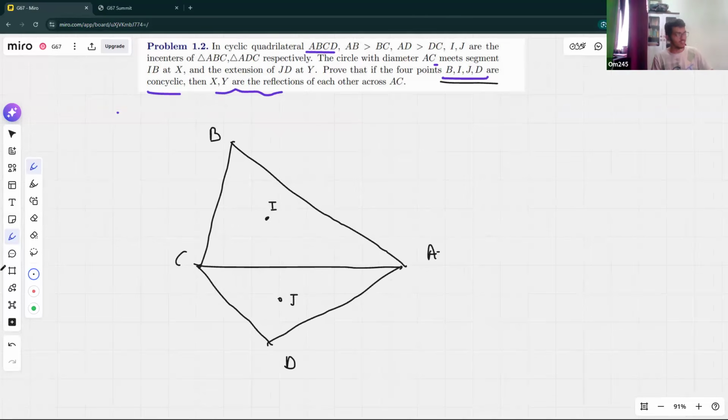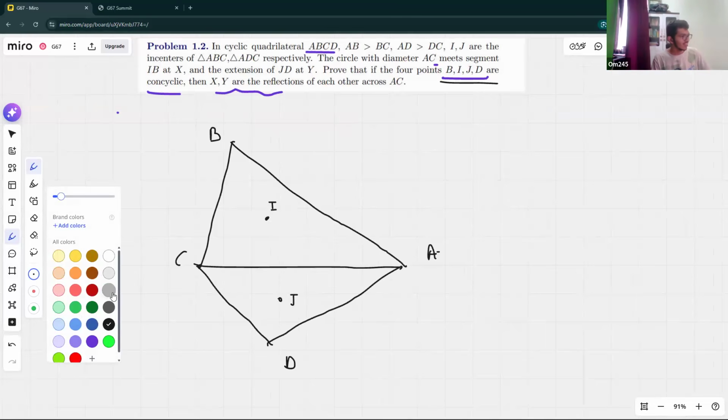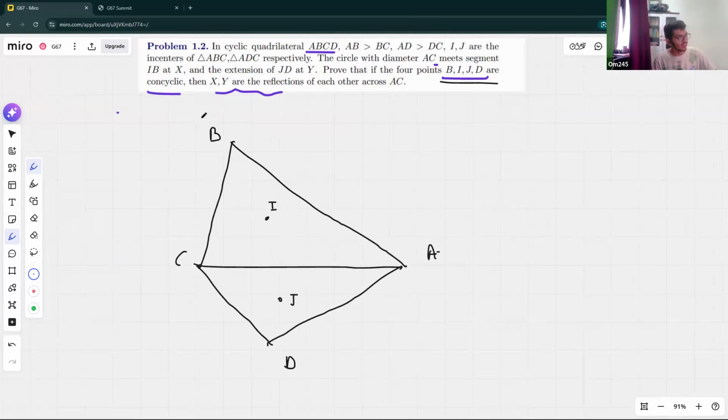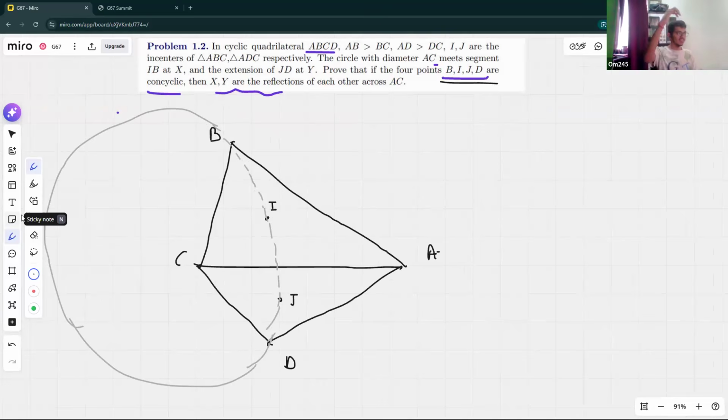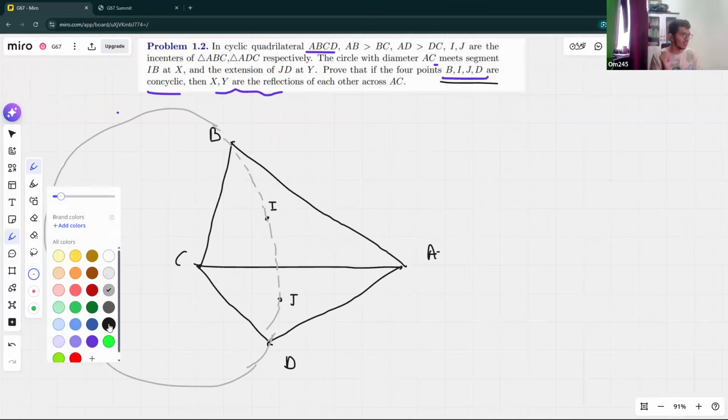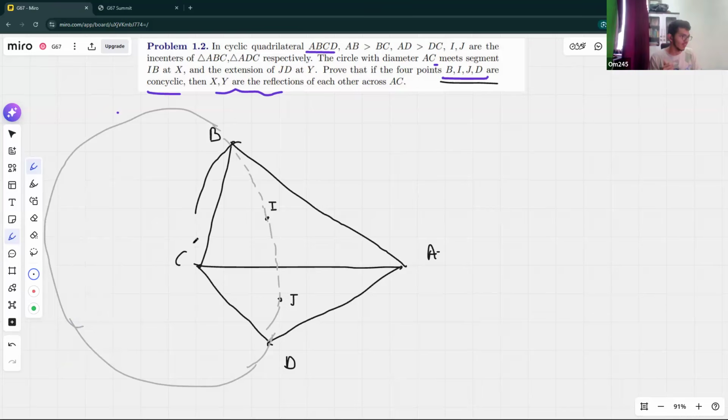Wait, you guys really want me to draw that? I will just draw. Okay, thanks. So skilled. Okay, this is such a good diagram. Trust me. This is cyclic, and we already have that this is cyclic.